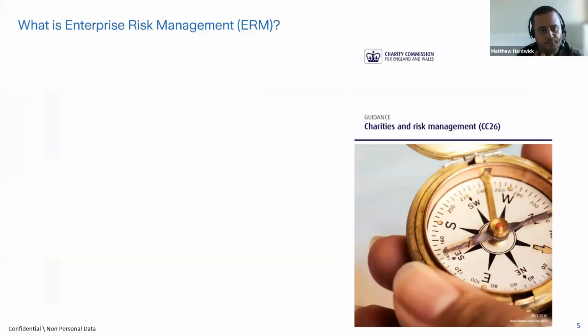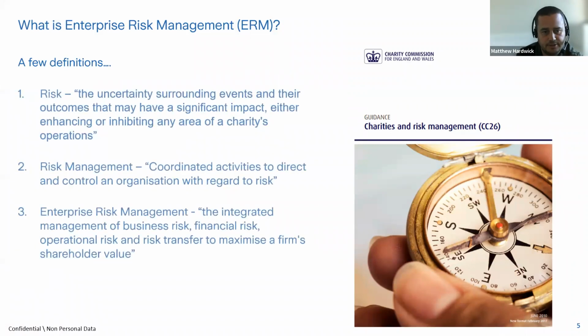So without further ado, what do we mean by risk, and indeed what is enterprise risk management? ERM may be a concept that you have come across before. I wanted to break this down into its absolute purest context. Fundamentally, when we're looking at risk, we're talking about uncertainties surrounding potential outcomes that may have an impact on our organization. Our organization, as is any organization, fundamentally exists to deliver on its objectives.